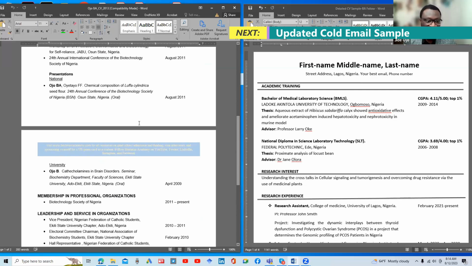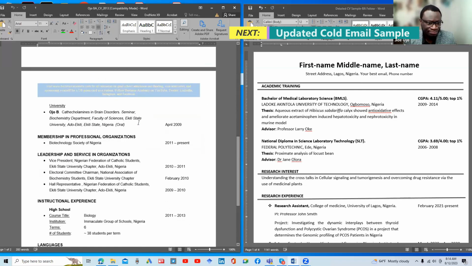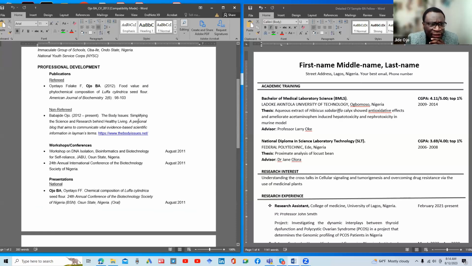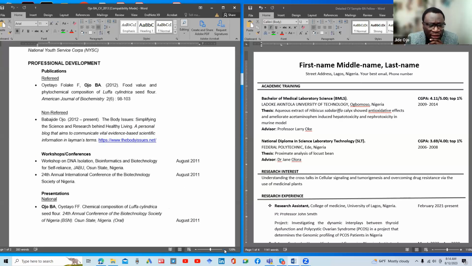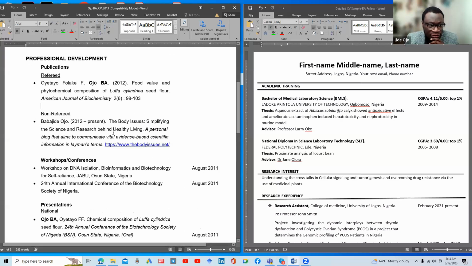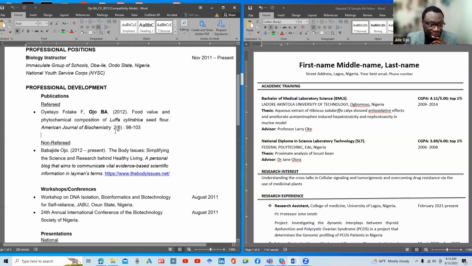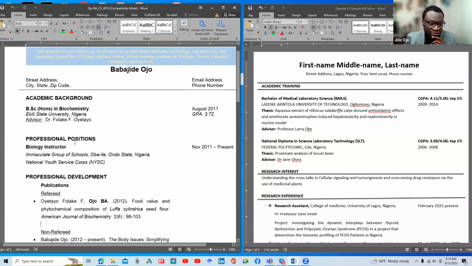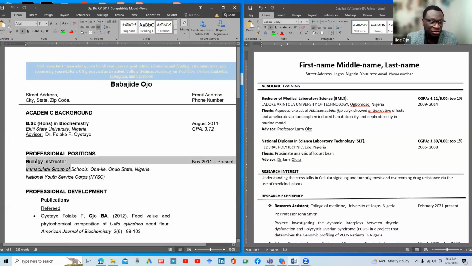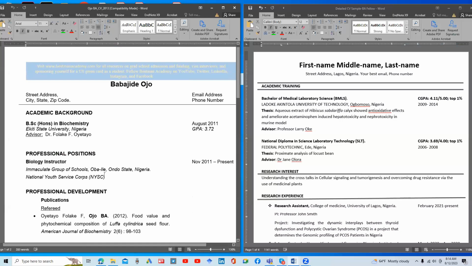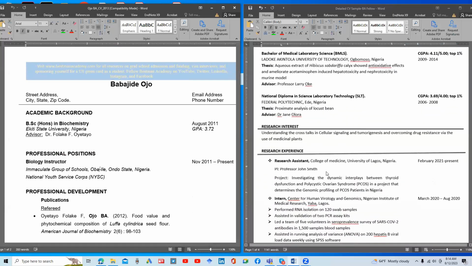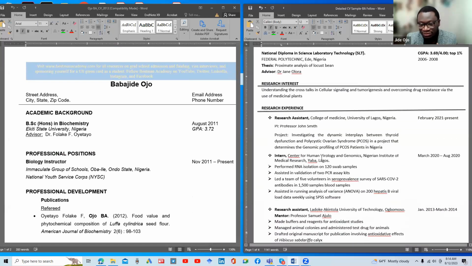And really the main difference is that when you look at my professional positions, there is really no description of what I did during this time. But when you look at the one on the right, you can see that for each experience, there is a description of what you did.